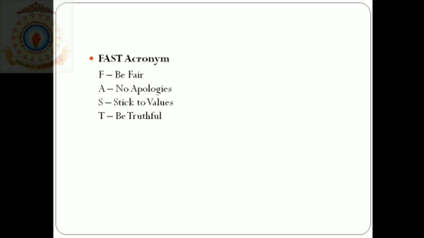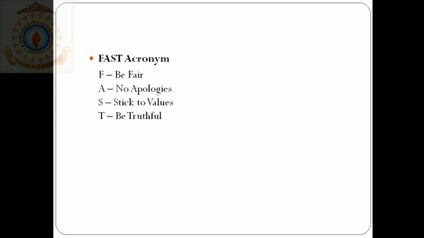Generally here, we need to recall the FAST. F for be fair, A for no apologies, S for stick to values, T for be truthful. If we follow this fast, you can improve your self-esteem. Don't misunderstand the term A, no apologies.